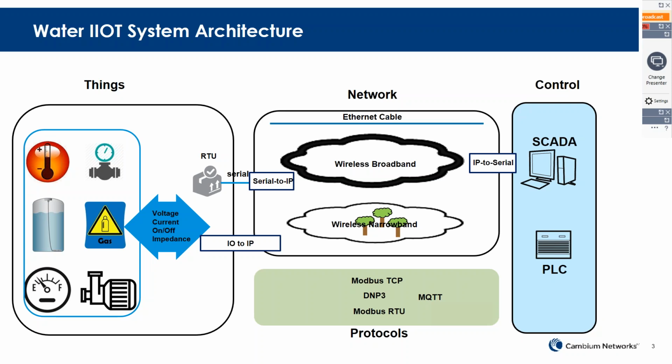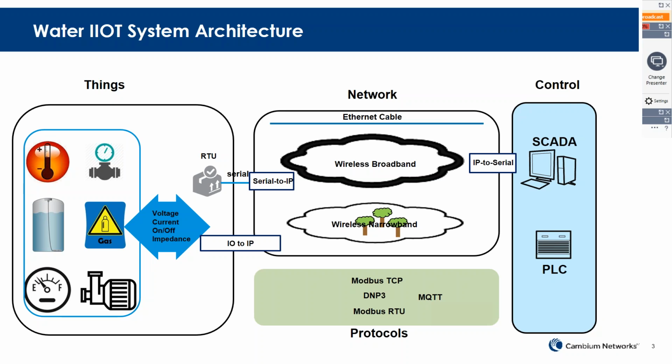It can be connected to an I/O device, and this I/O device would know how to interpret the voltage, the current, the dry contact on and off, and the impedance. The I/O device can sit there and be smart enough to handle queries from the SCADA system or PLC.